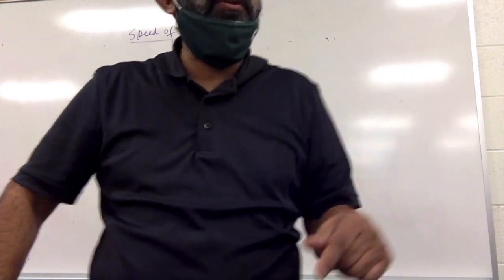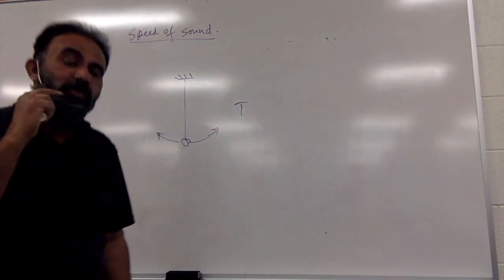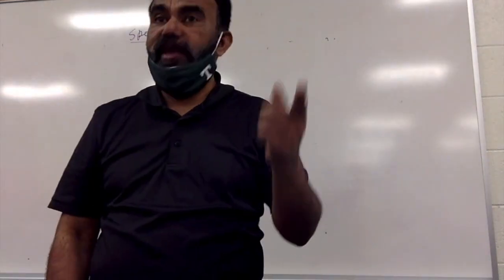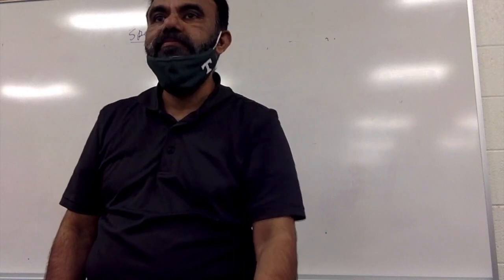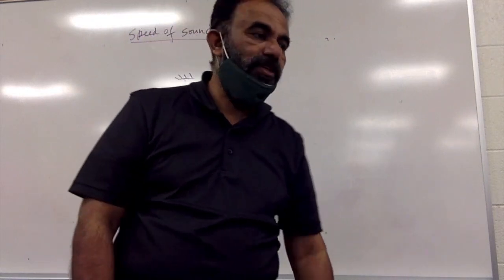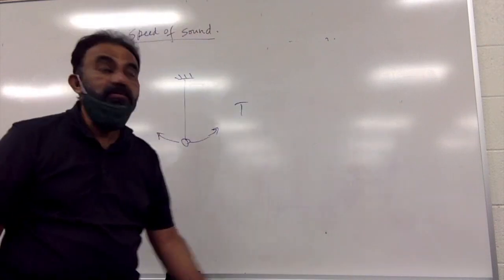And then there's something called forced frequency. What's forced frequency? You can force any object to go at a frequency that you desire. You can make any object go according to your wish. How?